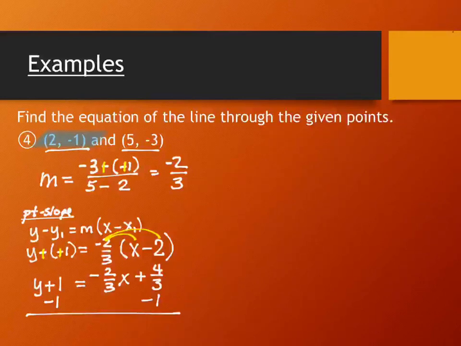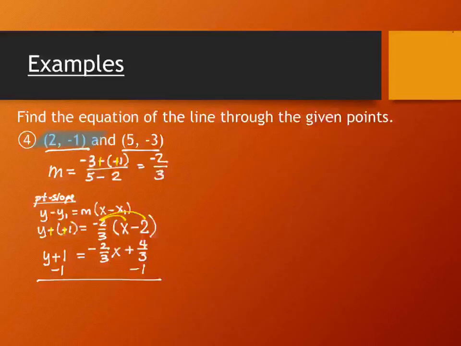Let me make this a little bit smaller since my screen's overflowing the board. Of course, this eliminates on the left-hand side, leaving me with y. I still have the -2/3 x. But in order to combine these, I need common denominators, right?